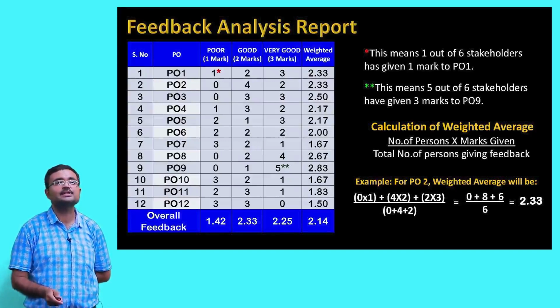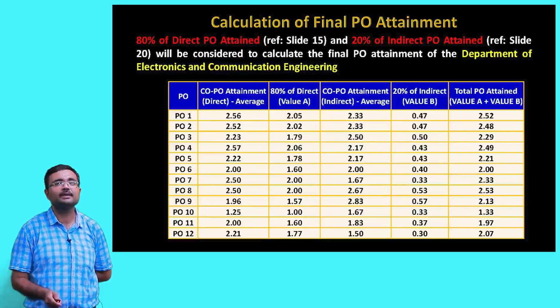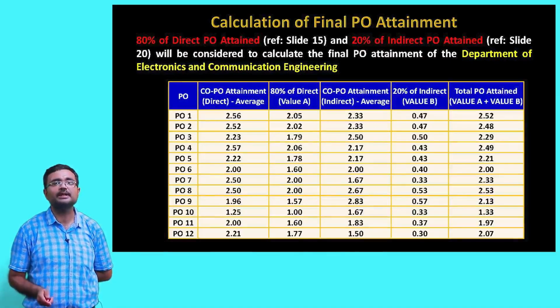Now if I go to the next table, see, these were the direct PO attainments, these were the indirect PO attainments. I will take 80% of the direct attainments, 20% of the indirect attainments and get the final attainments, and judge that the Department of Electronics and Communication Engineering has done badly in PO10.